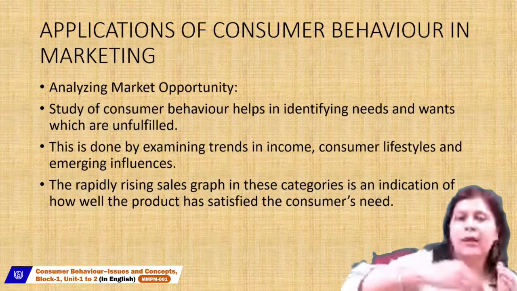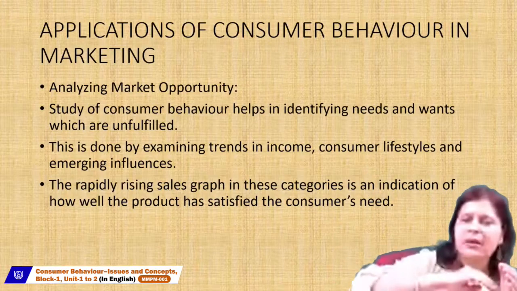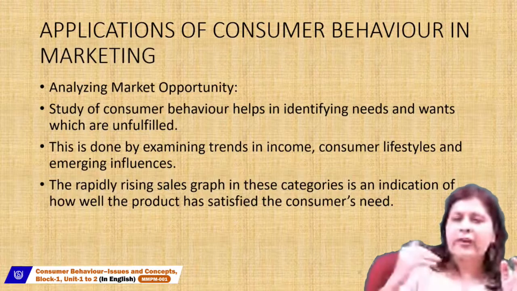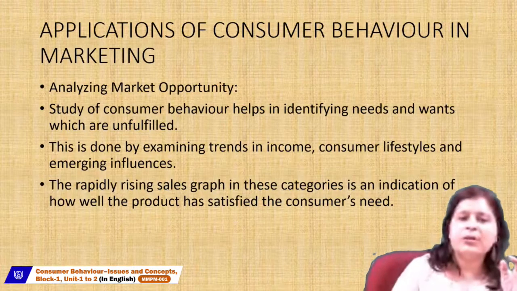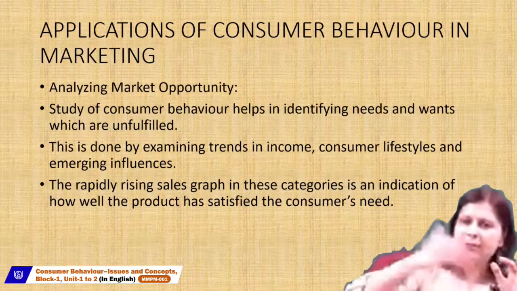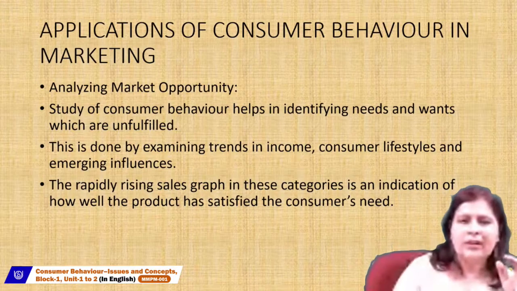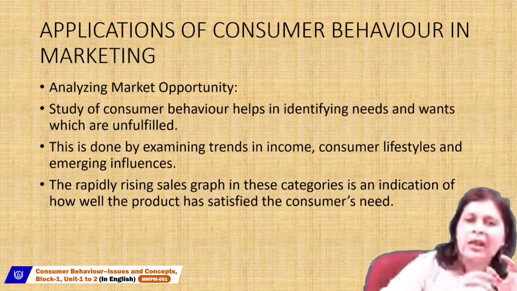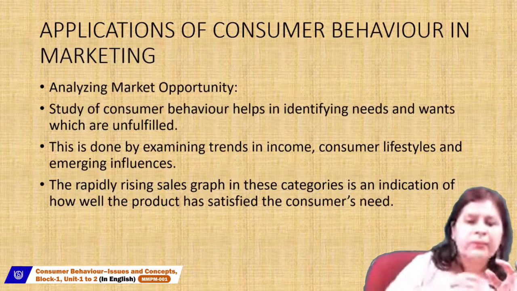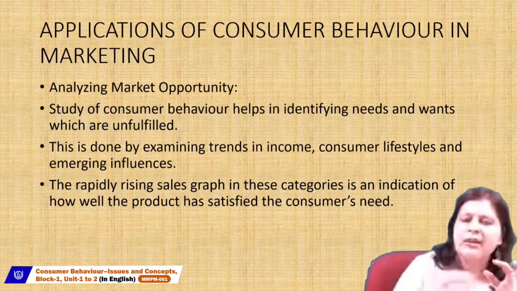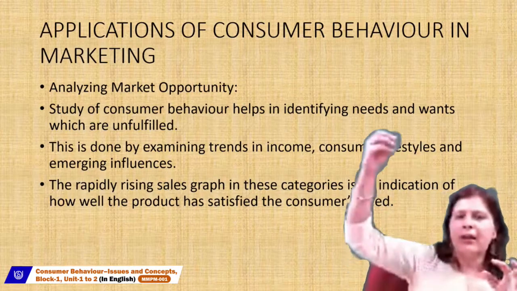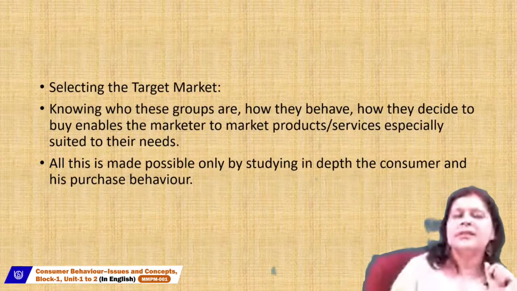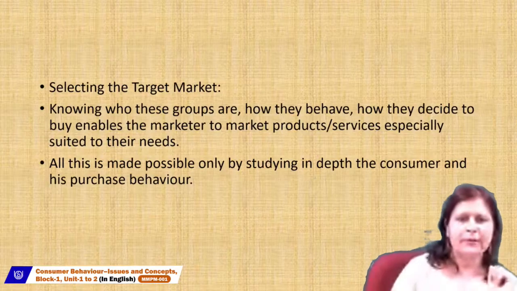This is the application of consumer behavior in marketing: the marketer can identify the needs and wants which are unfulfilled, and on that basis create the product or services. When that product satisfies the needs of the consumer, the sales will go up. This rising graph of sales indicates the satisfaction level of the consumer.